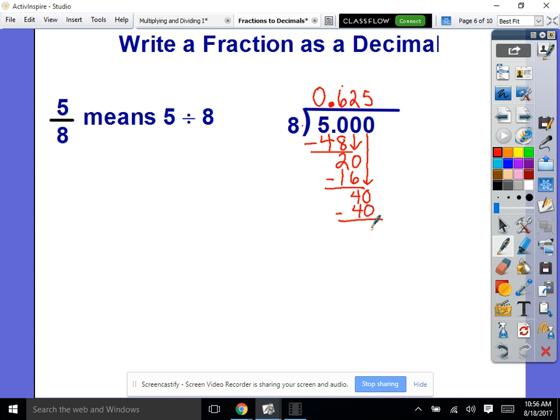And if you subtract, you end up with a 0. That means this is a terminating decimal. It ends with a remainder of 0. So 5/8 equals 0.625, 625 thousandths. You may need to stop the video to write that down.